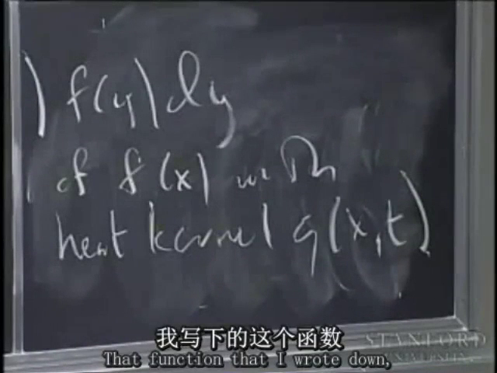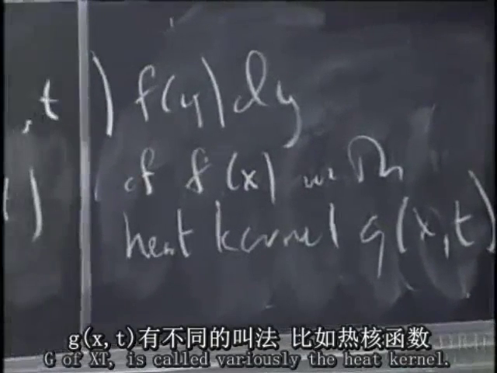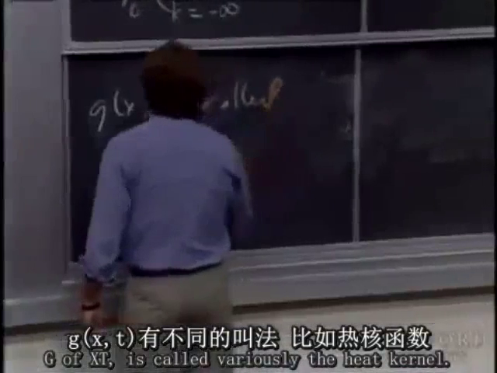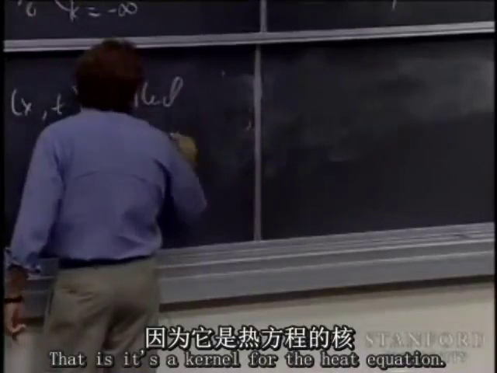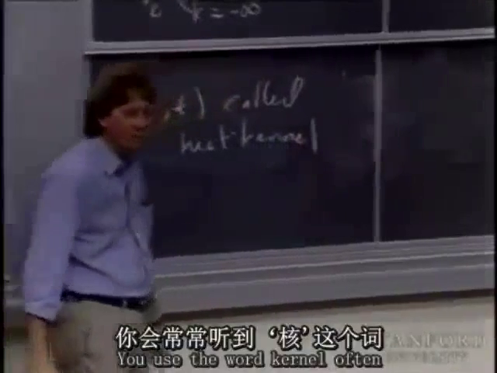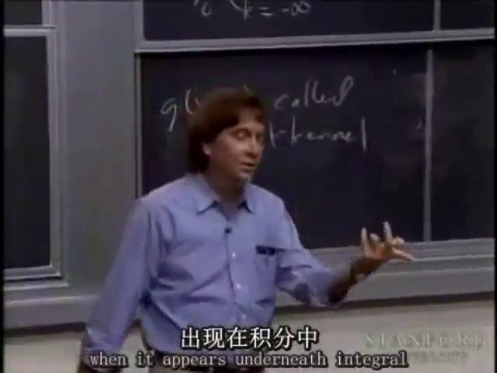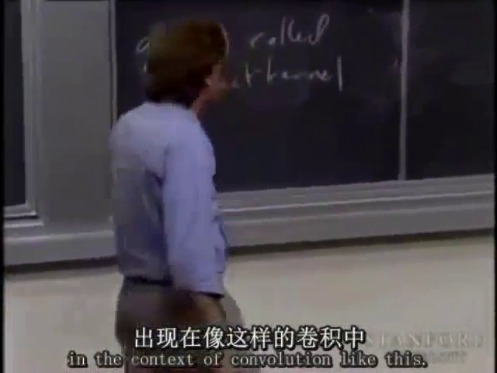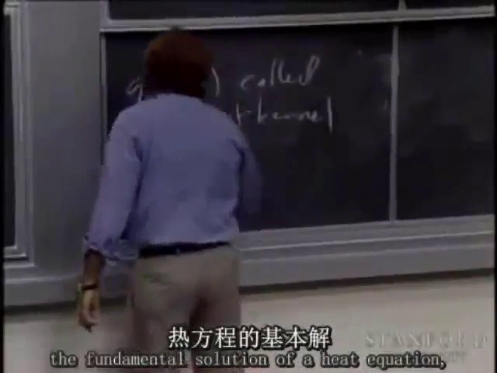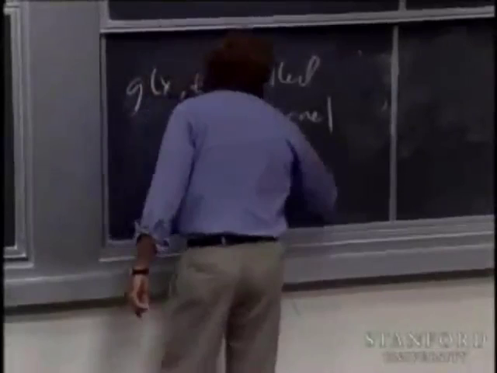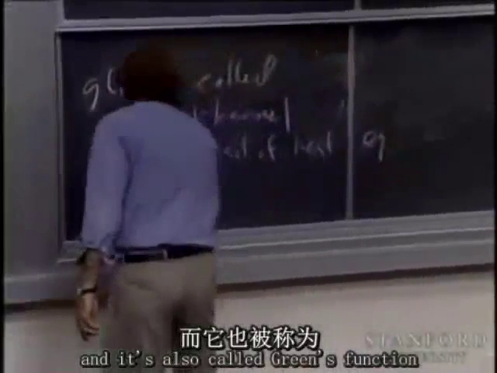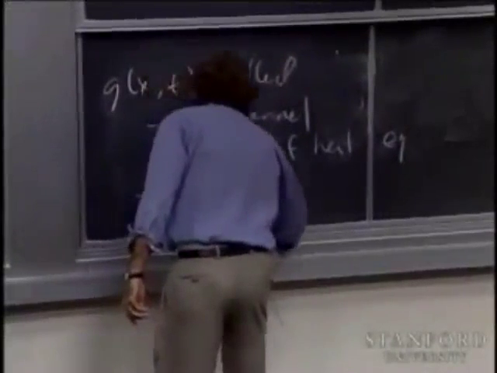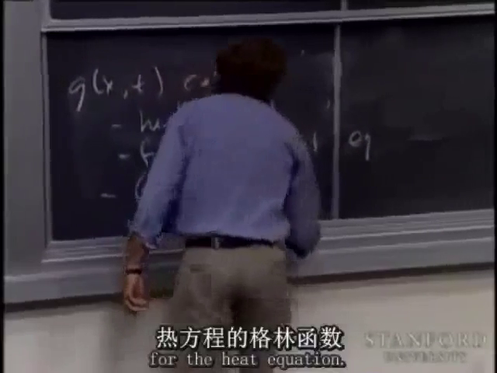That function that I wrote down, g of x,t, is called variously the heat kernel. That is, it's a kernel for the heat equation. You use the word kernel often when it appears underneath an integral in the context of convolution like this. The heat kernel is also called the fundamental solution of the heat equation, and it's also called the Green's function for the heat equation.